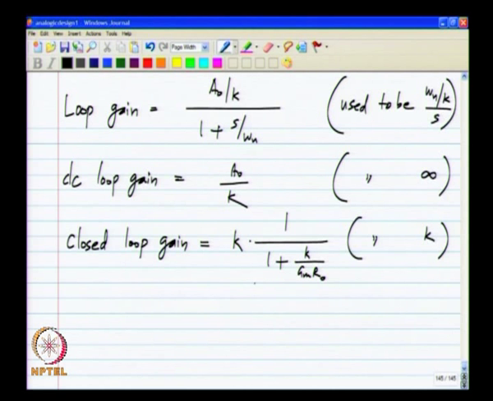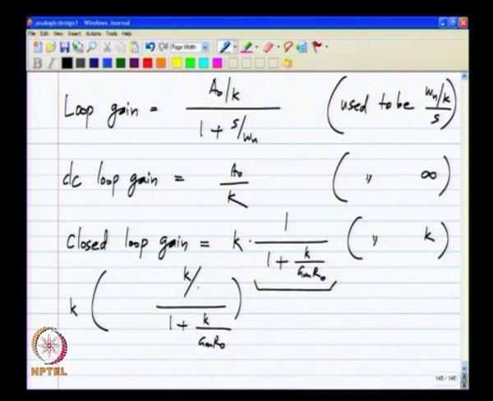So, if you look at the relative error in the gain, relative error means the ideal gain minus the actual gain, the difference in the gain, this will be simply that, and if I further simplify it, I will get that one.